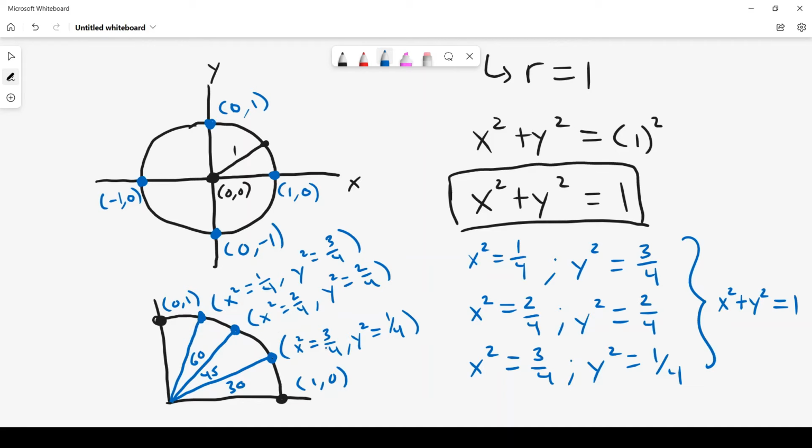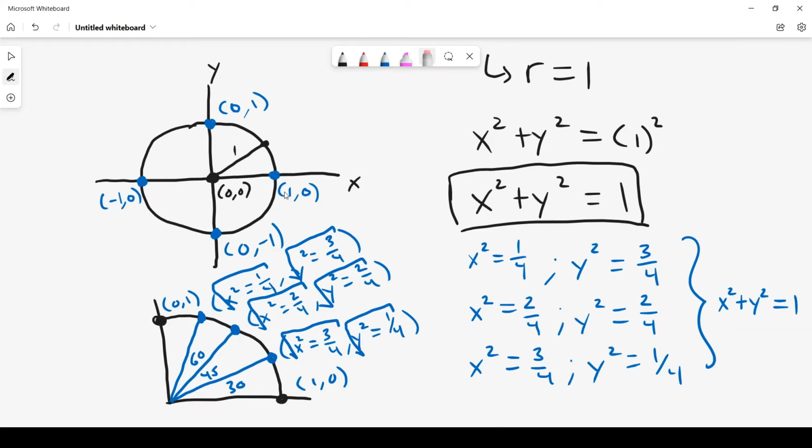And so we can see, well, for these 1s and 0s here, these are in terms of x and y, but for these 3 new points, these are in terms of x squared. And so all we're going to need to do is just take the square root on both sides of these equations here.